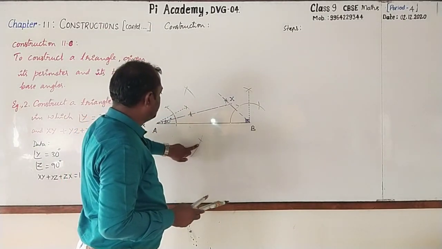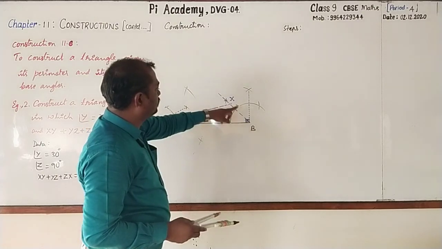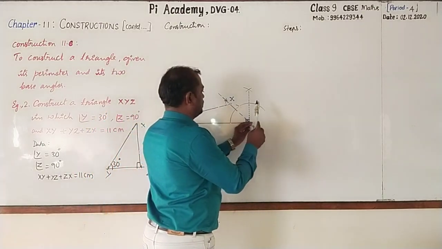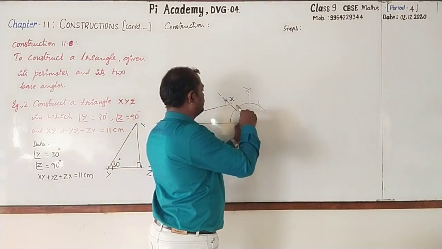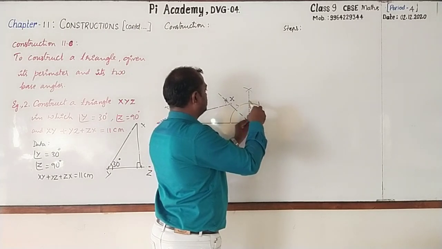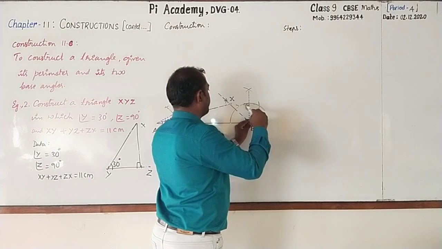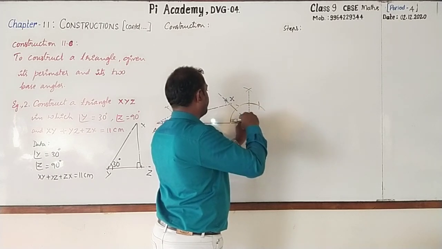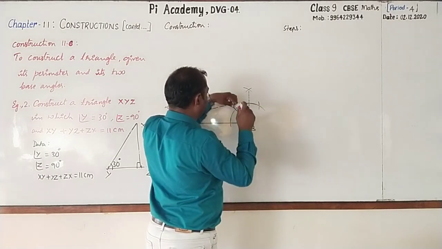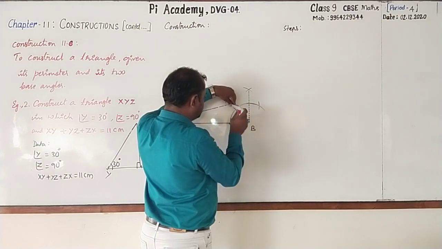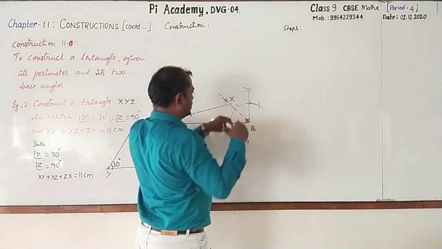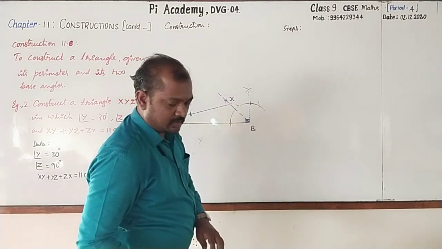Similarly, draw perpendicular bisector to BX. With B as center, take more than half of BX and draw the arc. With X as center, without changing the radius, draw the arc.